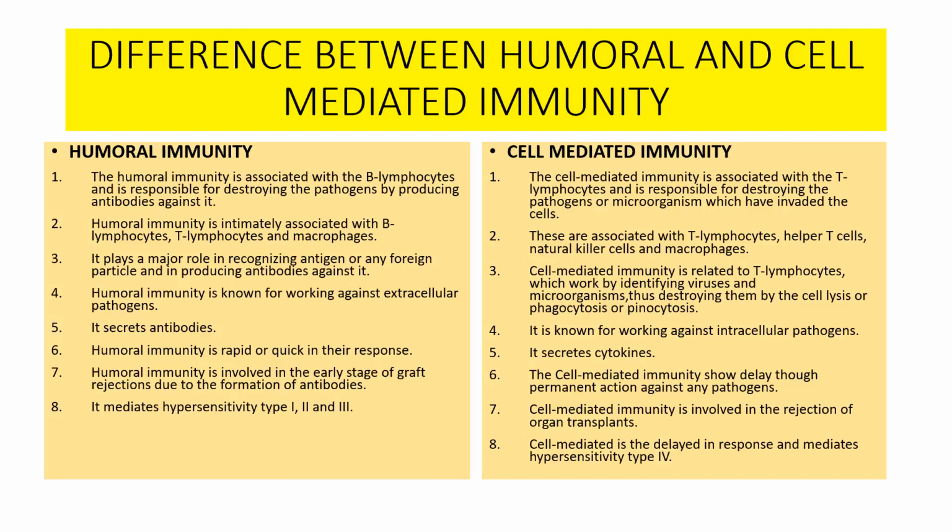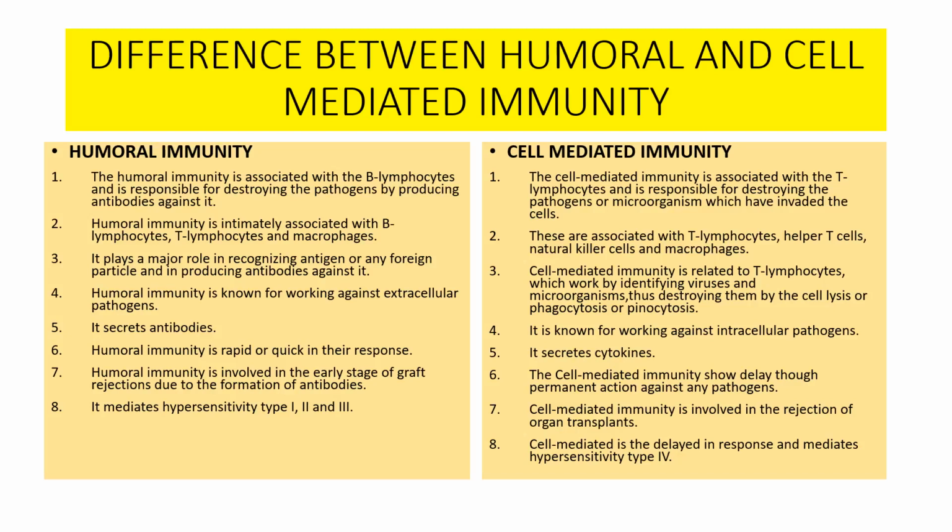Humoral immunity secretes antibodies, whereas cell-mediated immunity is known for working against intracellular pathogens, and it secretes cytokines. Humoral immunity is rapid and quick in its response. Cell-mediated immunity shows a delay, but with permanent action against any pathogen.